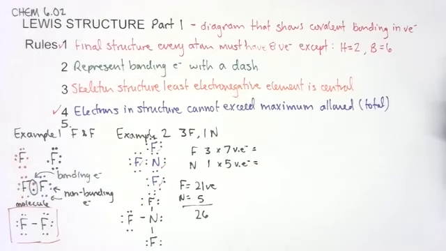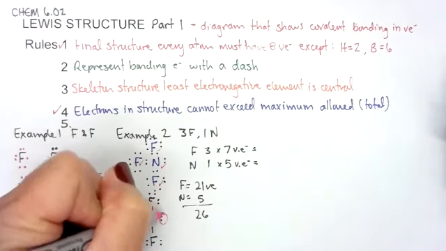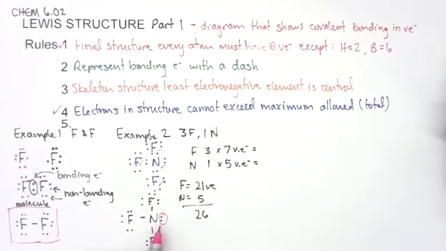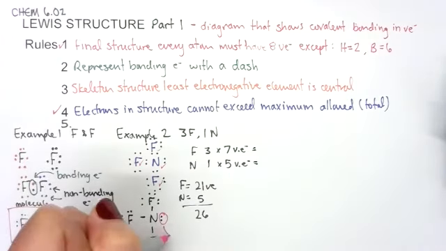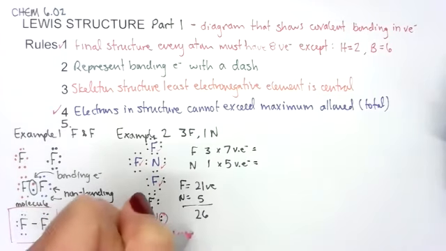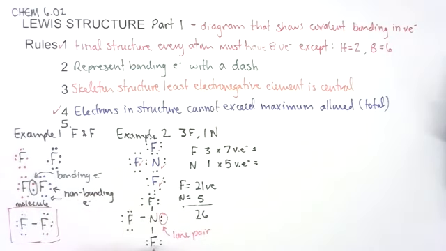When we have an atom that has a pair like this, we call this a lone pair. These others have pairs too, but we're going to use the term lone pair for a pair of electrons on an atom hanging out by themselves.